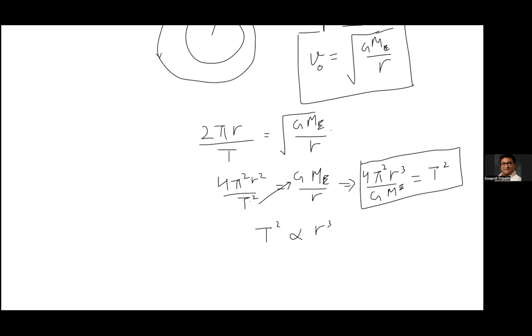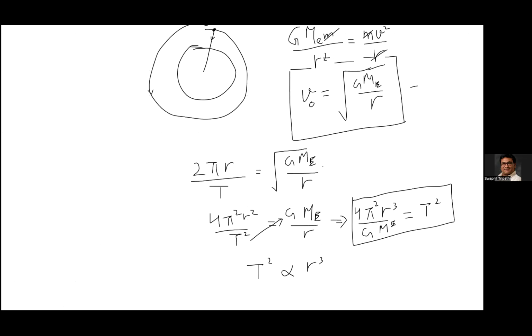You will find a number in seconds, and then you can convert it into minutes, and you'll find that it is about 90 minutes or 1.5 hours. By the way, the orbital velocity for the International Space Station is 7.7 kilometers per second.